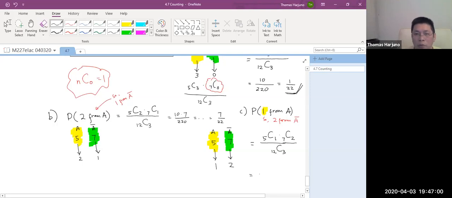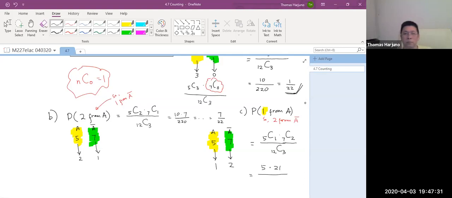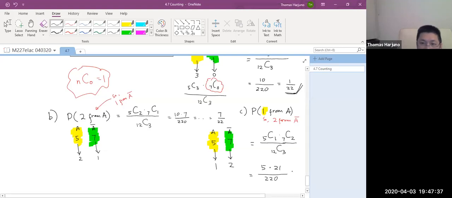Now when I use my calculator, 5 combination 1 will be 5. How many ways can you select one element from 5? That will be 5 ways because you choose one of them, right? Now 7 choose 2 is 21. How about 12 choose 3? It's 220. So 105 over 220.